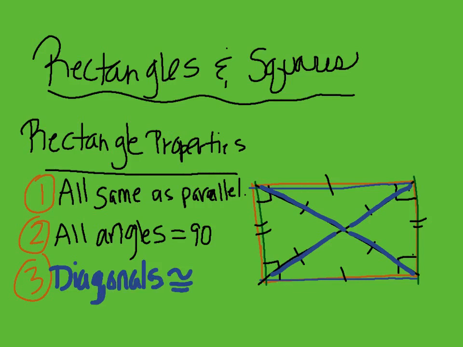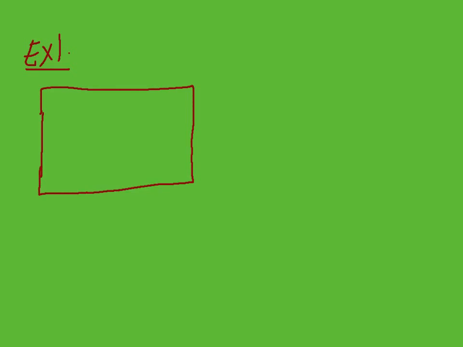Okay, so now we're going to take a look at some pictures. I got 2 examples for you of how you might see something different than what you've already seen. Alright, so let's take a look at example 1. I'm going to go ahead and draw a rectangle for us. And one of the things that they're going to expect that you know how to do is that if you have a rectangle with both diagonals drawn, I can give you any angle up in here.